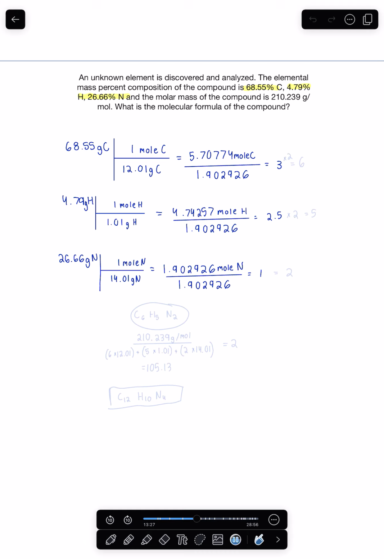Okay, so after dividing this up, we can see that we have 3, 2.5, and 1, obviously.